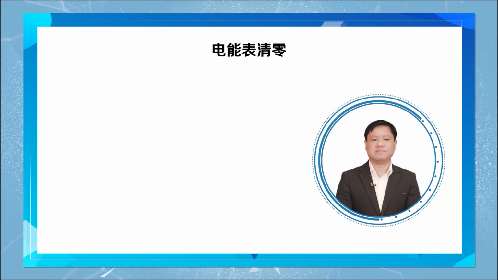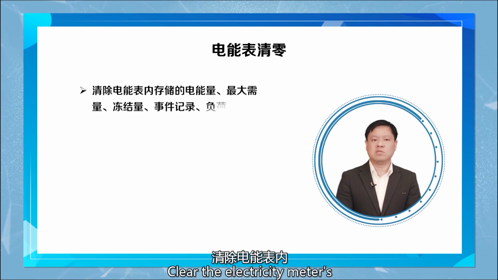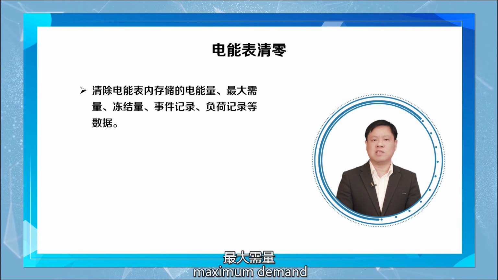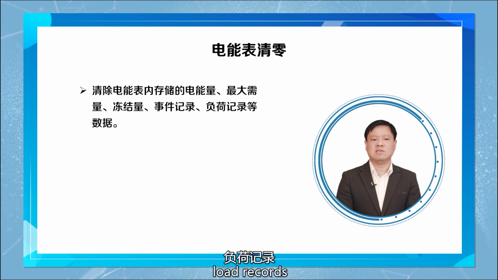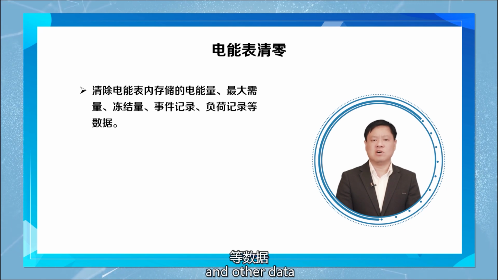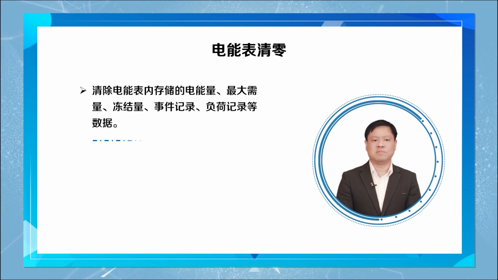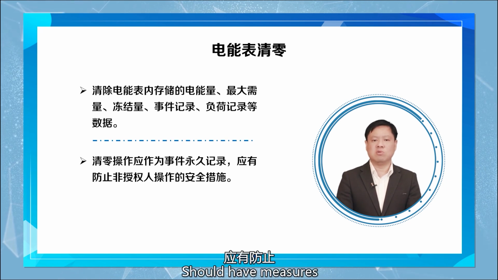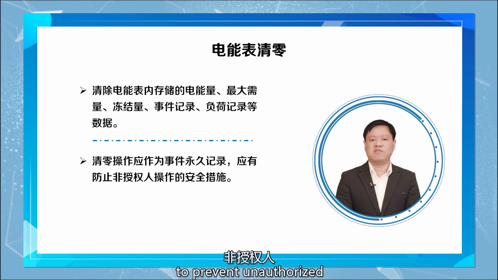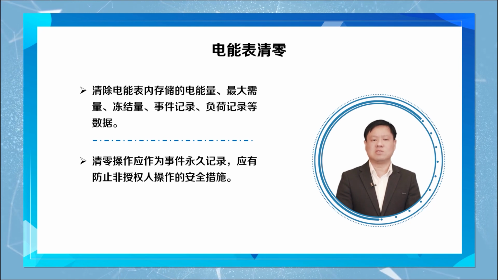Electricity meter reset clears the stored energy, maximum demand, frozen amount, event records, load records, and other data. The reset operation should be recorded as a permanent event, and should have measures to prevent unauthorized operations.